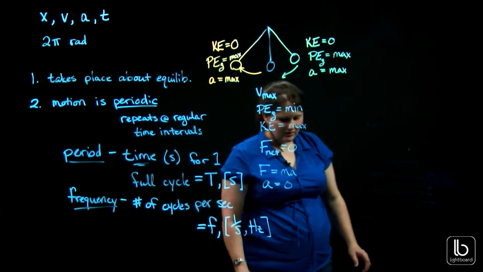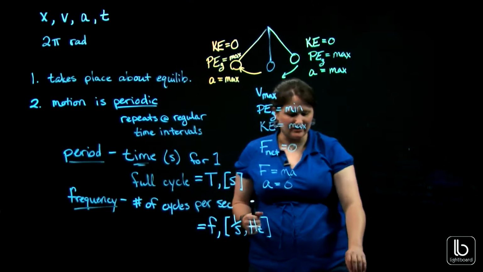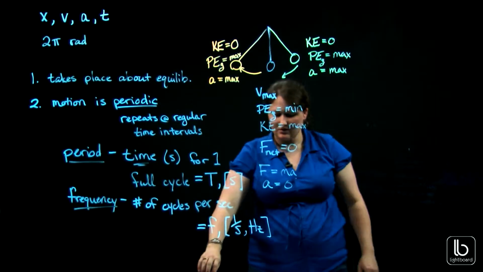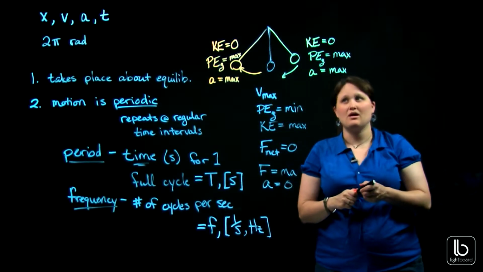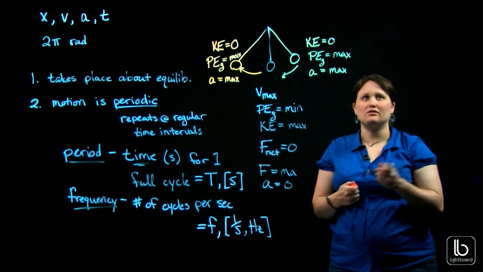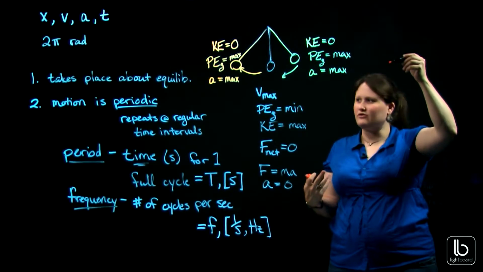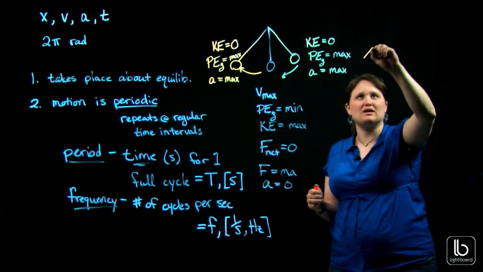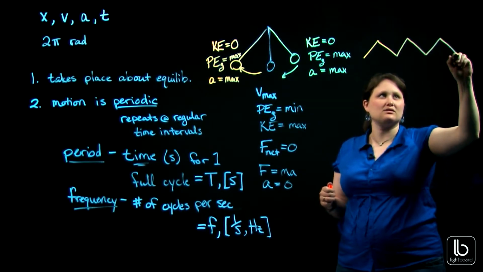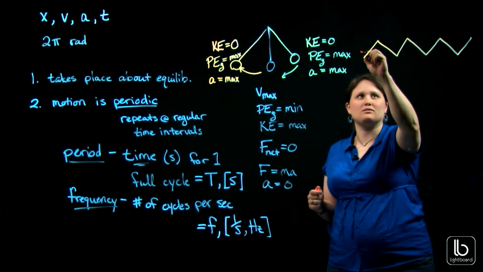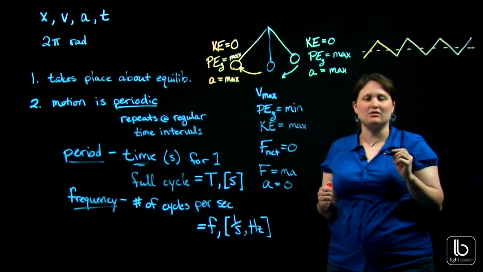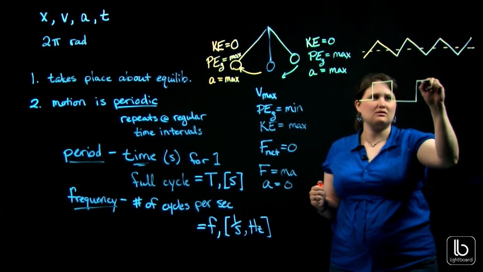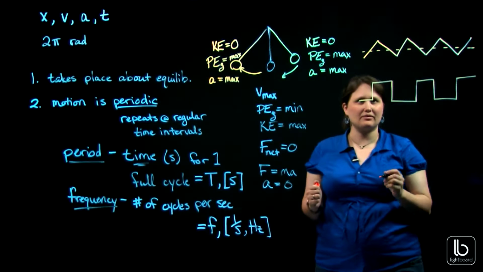So let's talk about a couple of different types of oscillations. An oscillation is anything that is periodic and anything that oscillates about an equilibrium. So we have our pendulum example here, and I'm going to draw a few, we'll call them waveforms. So the first one looks like this. I'll even let that be my equilibrium point. I might have another wave that looks like this.